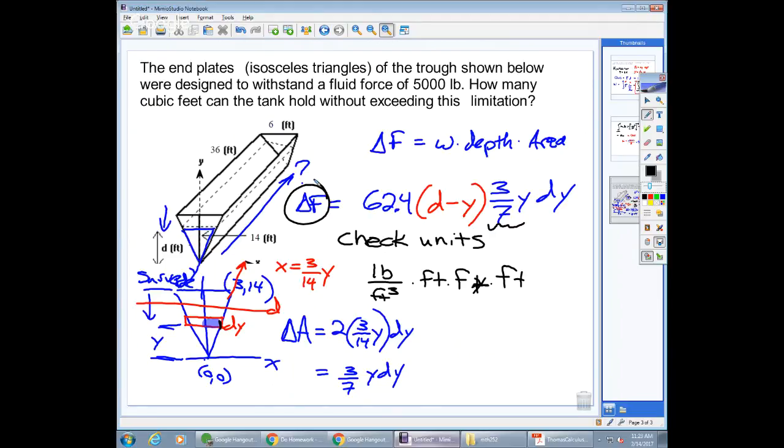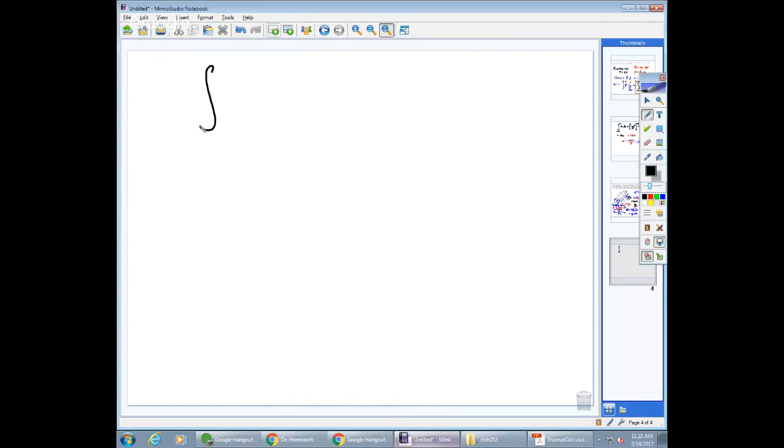Okay, so now we need to integrate that through our boundaries. So we now have the integral of, I think I'll pull out the 62.4. And the 3/7 can come out too. Let's see, good. Move my integral. There we go.